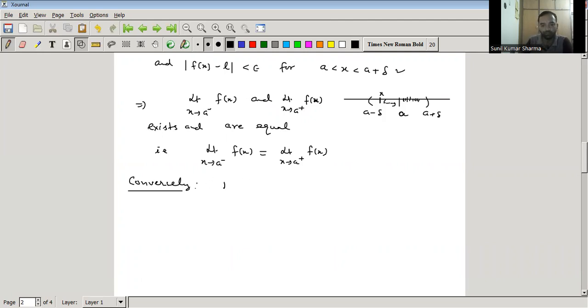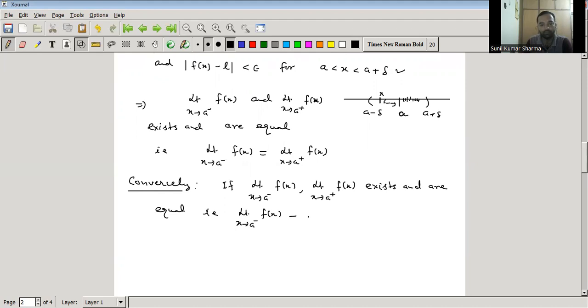So if the limit as x goes to a negative of f(x) and the limit as x goes to a positive of f(x) exist and are equal, that is, the limit as x goes to a negative of f(x) is equal to the limit as x goes to a positive of f(x), both limits exist and are equal.